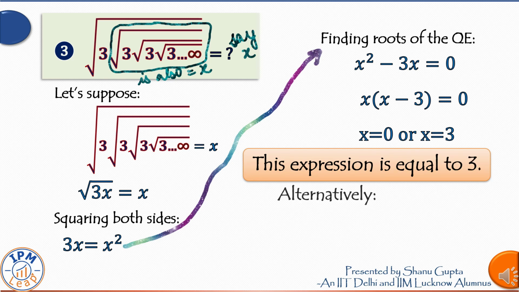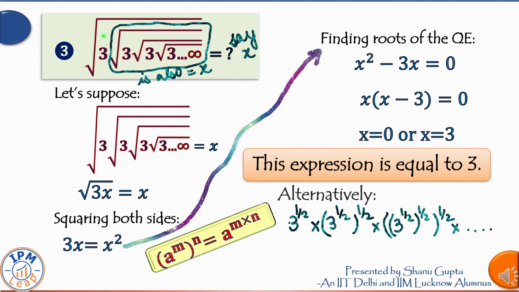Now for the same question, there is an alternative approach which I will discuss next. This approach will help you solve a slight variation to this problem. As I told you earlier, no sign, no plus minus sign means these numbers are being multiplied together. 3 with a square root sign means 3 raised to the power of half, multiplied with number 3 with two square root signs over it.